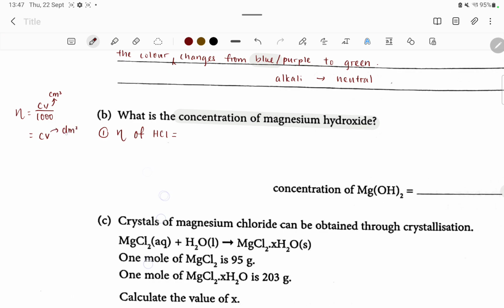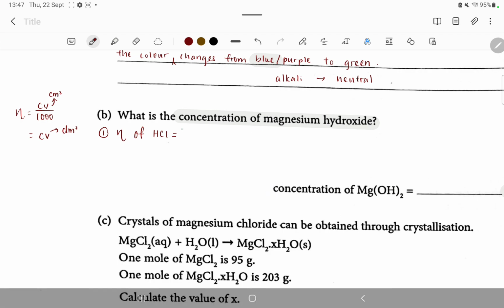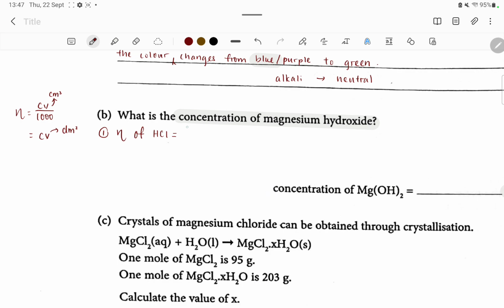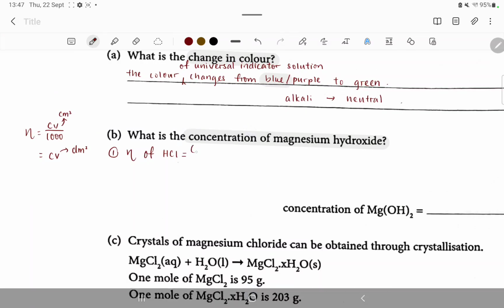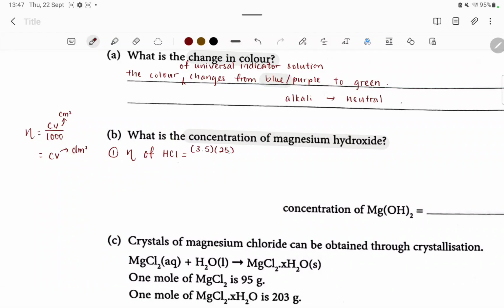When the volume is dm cube, we don't have to divide by 1000 lah. But this one we have to divide lor. So this one is 3.5 times 25 over 1000. When you press calculator, you should get 0.088 mole as your answer.